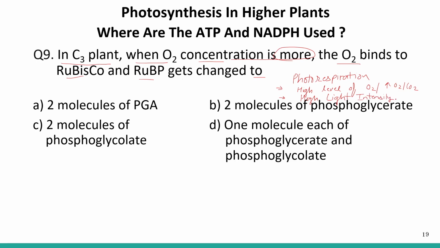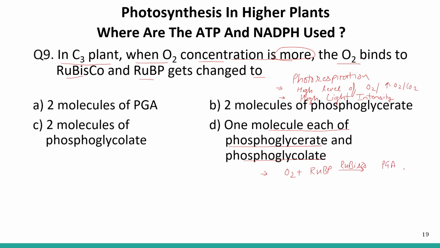So what happens when, instead of carbon dioxide, oxygen binds to RUBP in the presence of enzyme Rubisco? One molecule each of phosphoglycerate and phosphoglycolate is produced.